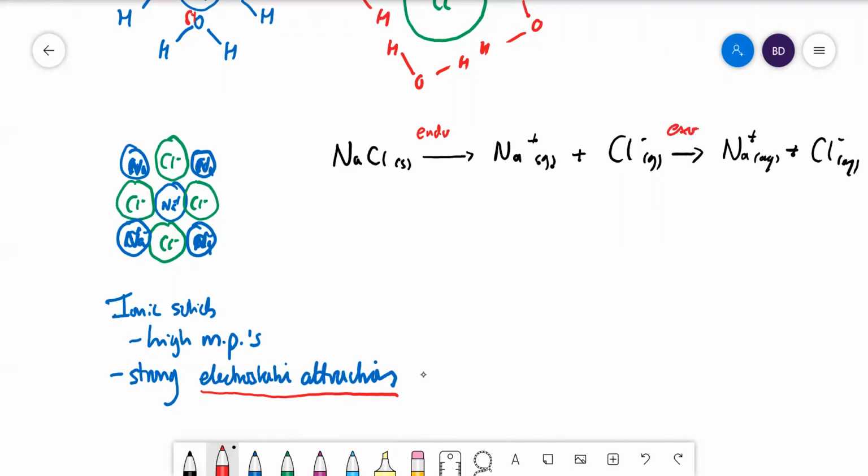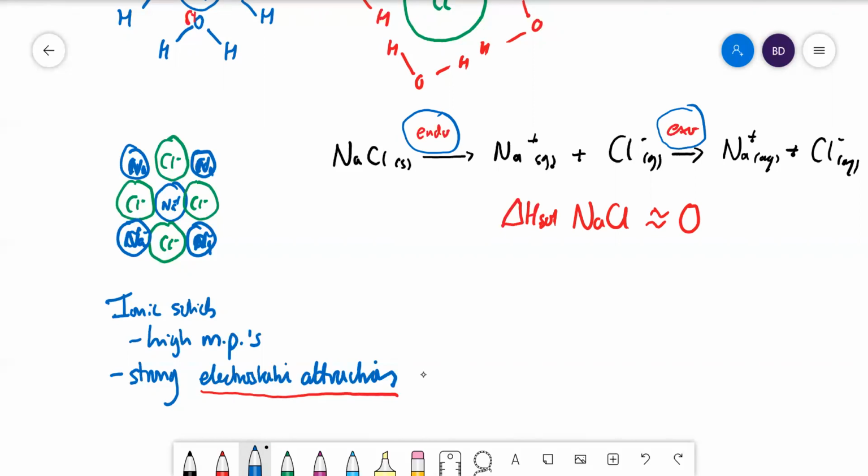The sum of the delta H hydration of the sodium ions and the chloride ions. And for sodium chloride, delta H sol, the enthalpy change occurring when you dissolve 1 mole of the stuff in water, is about 0. It's not particularly exo or endothermic. There's hardly any temperature change, and that's because the energy to break up the lattice is almost exactly balanced out by the energy you get out by hydrating the ions.